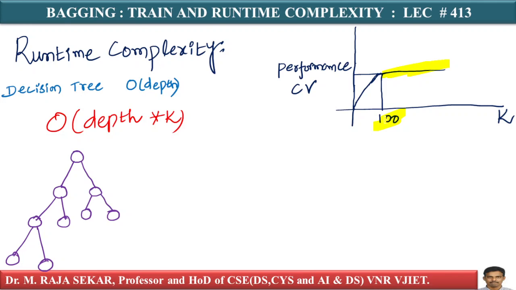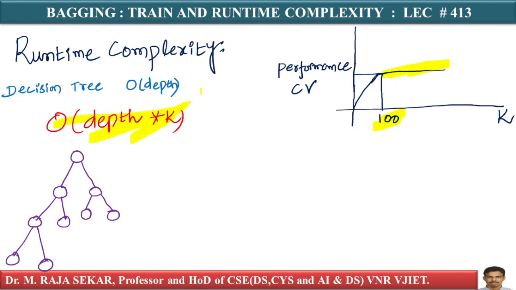This is very easy at runtime. Order of depth times k, because at runtime also most computers have multiple cores. If I have a 4-core box, I can evaluate each of these k trees on different cores and combine them.